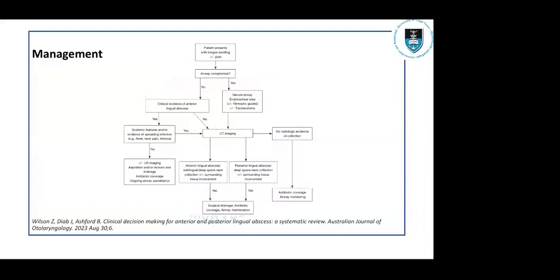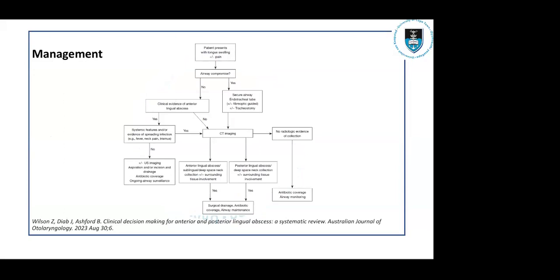So the following is a flow diagram from a systematic review by Wilson and Ashford for lingual abscess workup and management. A patient presents with a tongue swelling with or without pain. If there is airway compromise, the airway is secured by endotracheal intubation, usually using fiber optic guided methods if needed, or by tracheostomy.